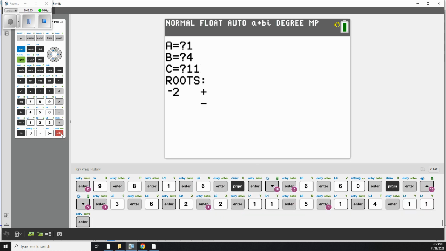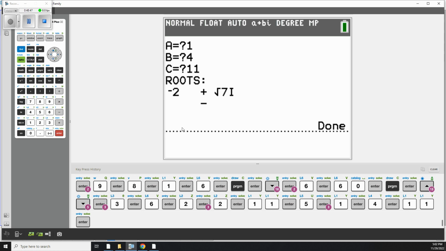Now the roots are imaginary, and look what it gives you, the i. Negative 2 plus or minus root 7i. I have seen problems straight off this where they give you the ABC and you type it in. Wouldn't that be nice?